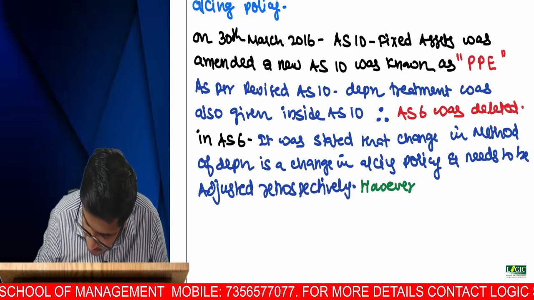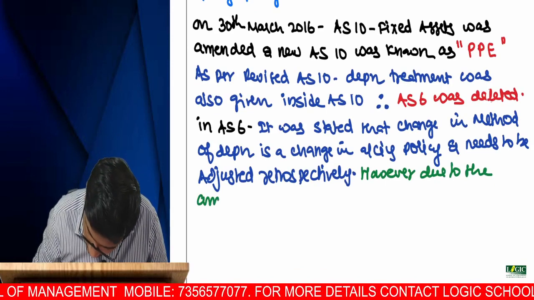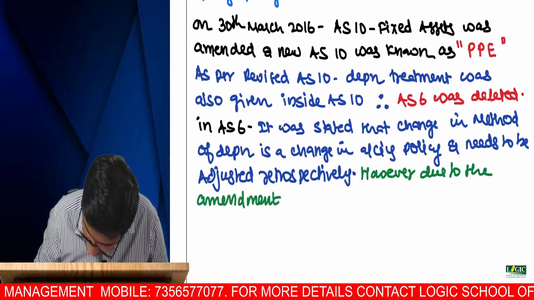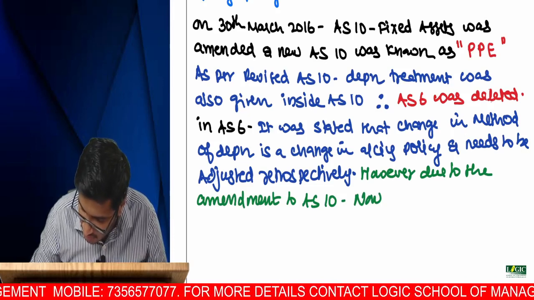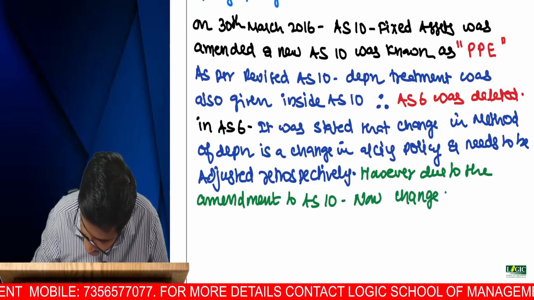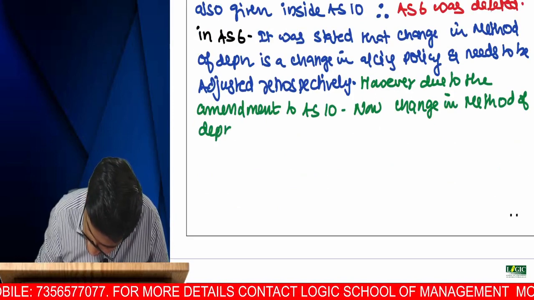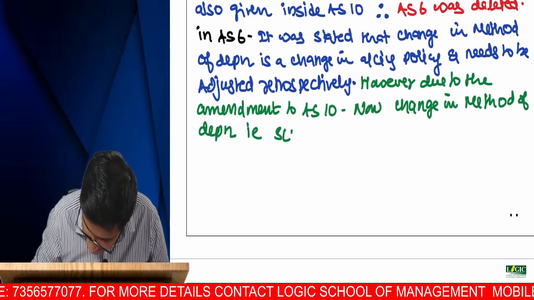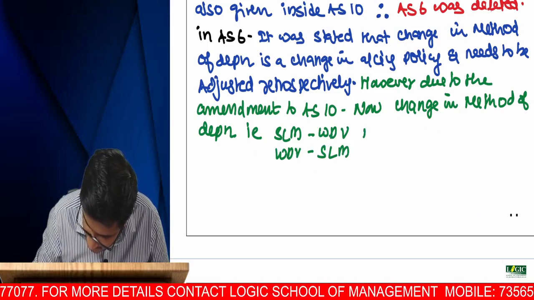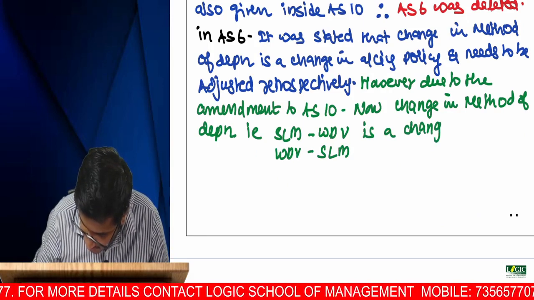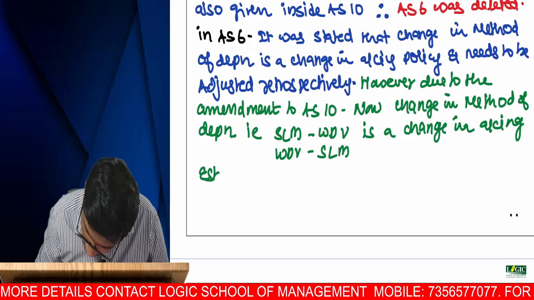However, due to the amendment to AS 10, now change in method of depreciation, that is SLM to WDV or WDV to SLM, is a change in accounting estimate.